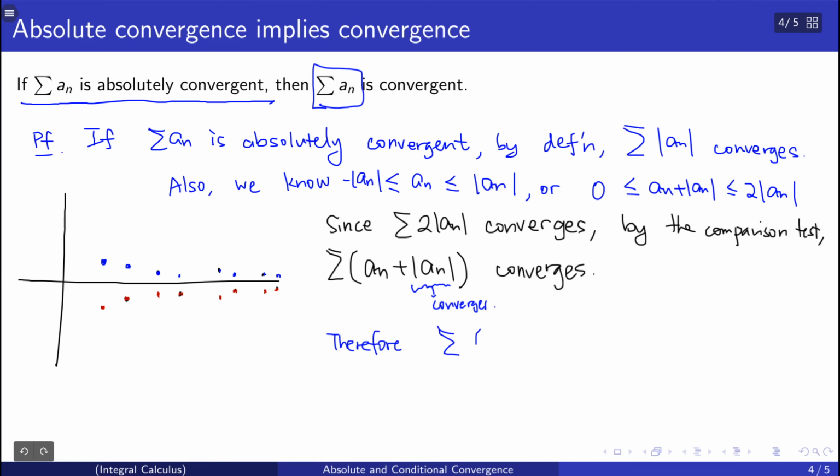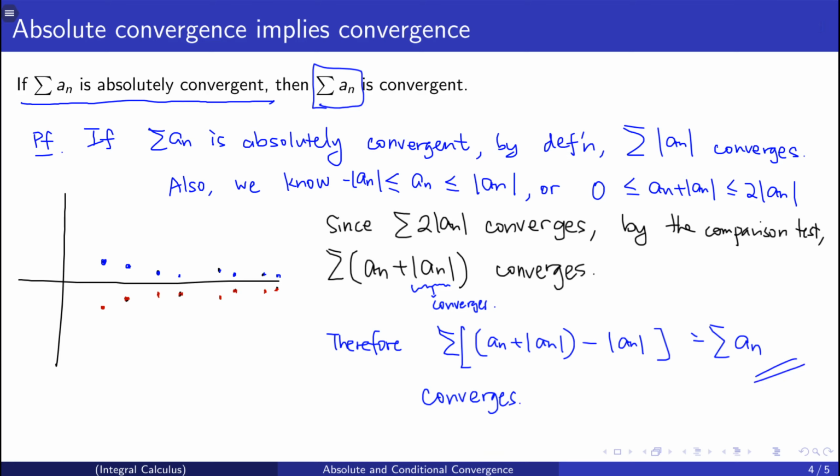Because if you have 2 convergent series and you add them or subtract them, you get something convergent as well. And this finally proves what we need. Therefore, absolute convergence implies convergence of a series. All right, so that's a nice proof there, using a comparison test.